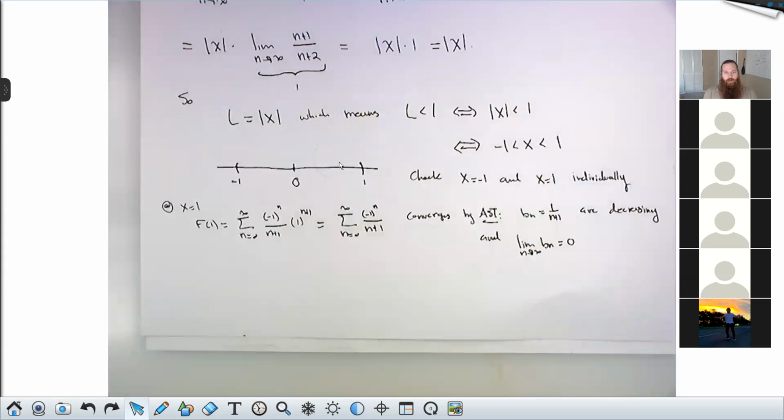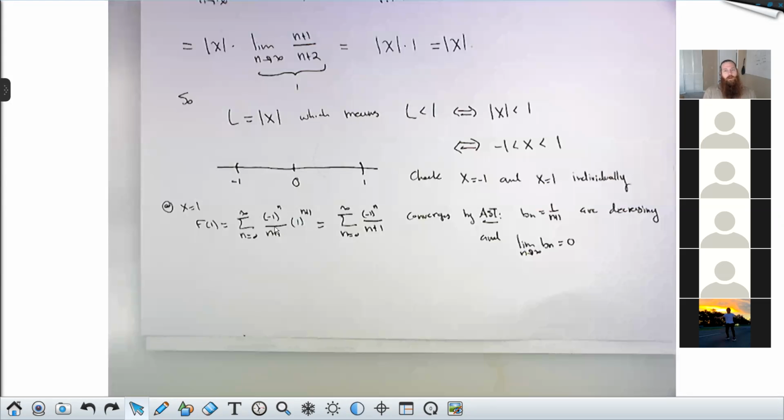If you take absolute values inside, you get 1 over n plus 1. That's a divergent series. Sigma 1 over n plus 1 without the negative 1 to the n diverges. You can do a limit comparison to the harmonic series. In fact, it is the harmonic series. It's just a shifted version of the harmonic series.